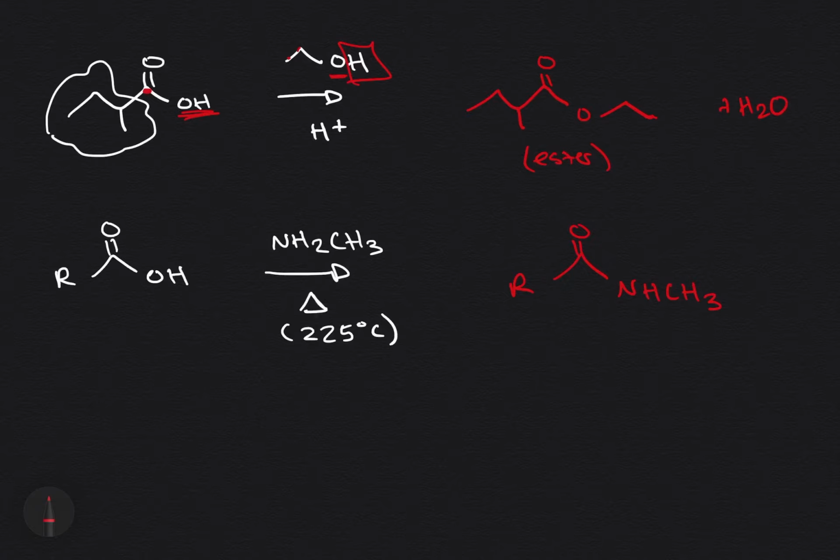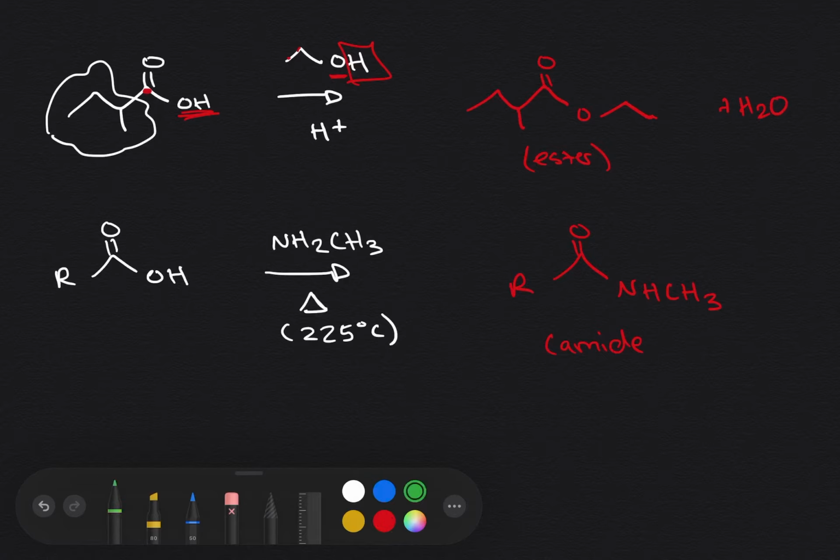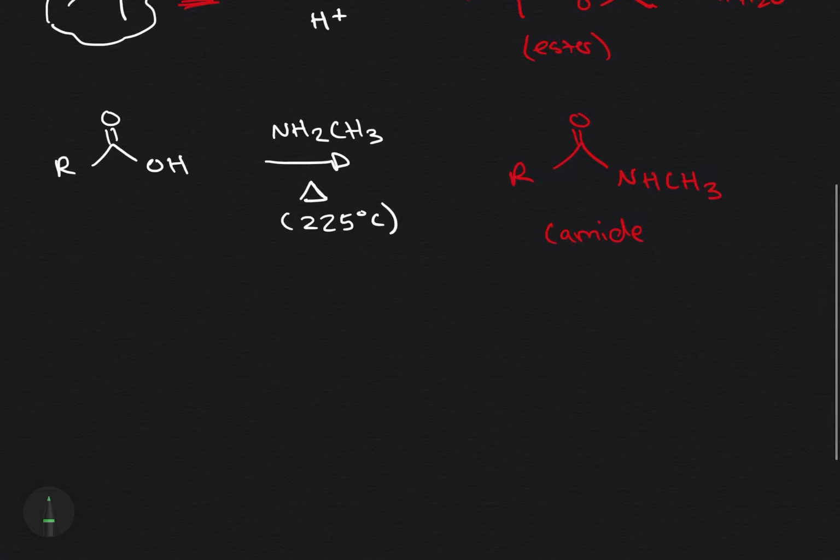Now, the reason we need the heat, if you want to think about it, is because if you do it without the heat, this is an acid, and NH2CH3 is a base. So instead of having a normal substitution reaction, you're going to have an acid-base reaction.